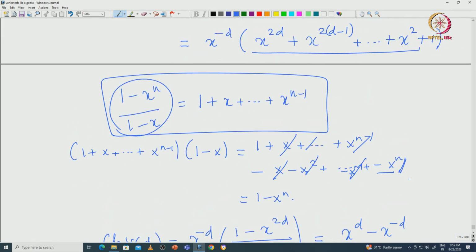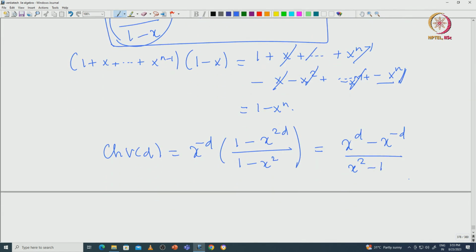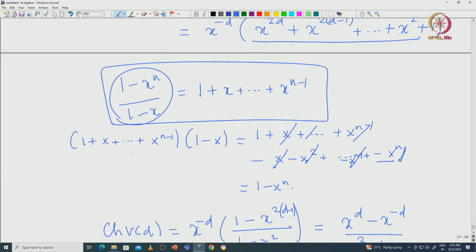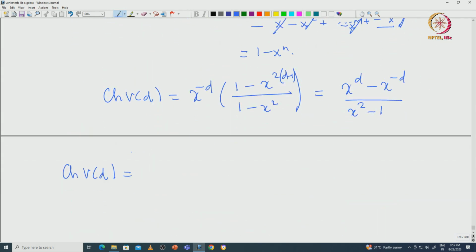Sorry, let me redo it. The character of V_d is equal to x power minus d times 1 plus x squared plus etc. plus x power 2d.